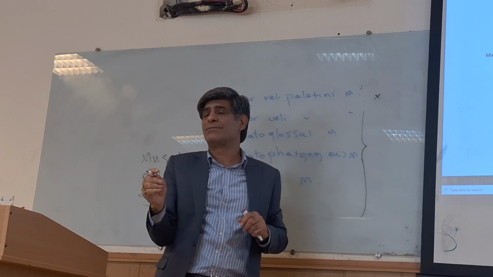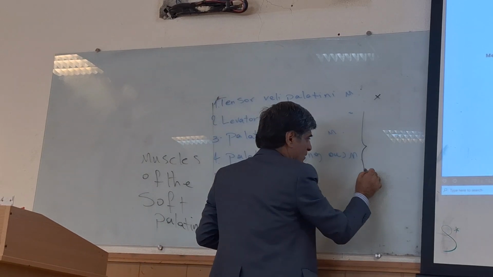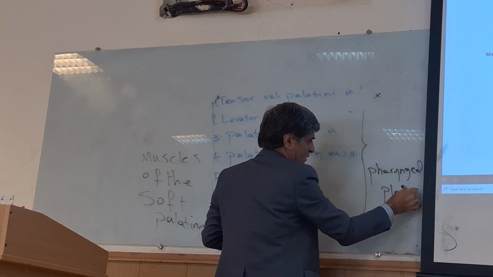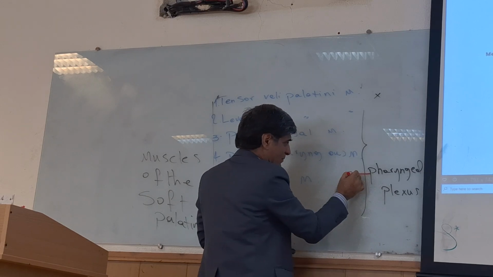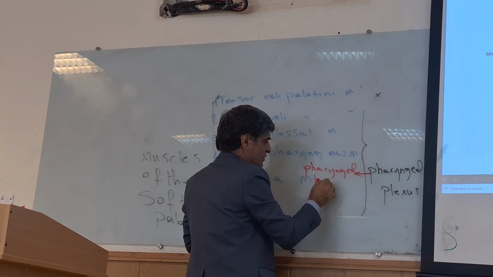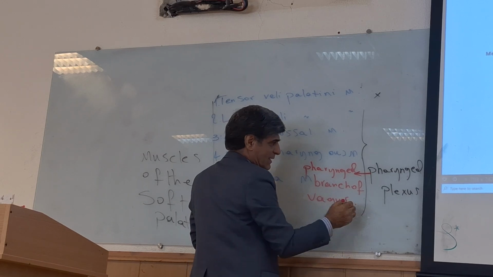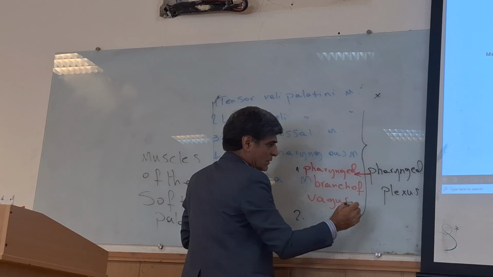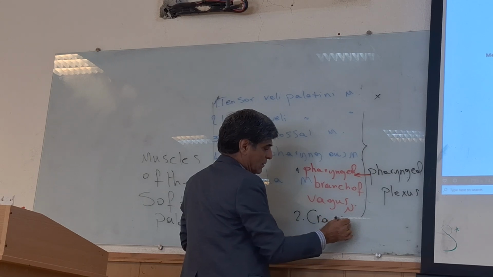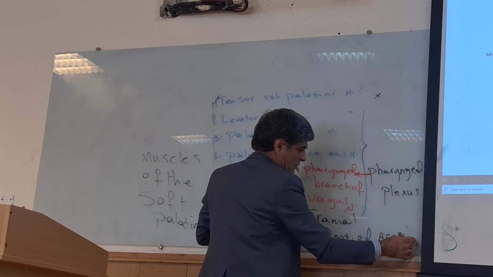Vagus. The pharyngeal plexus is formed from the pharyngeal branch of the vagus, and two, from the cranial root of the accessory nerve.